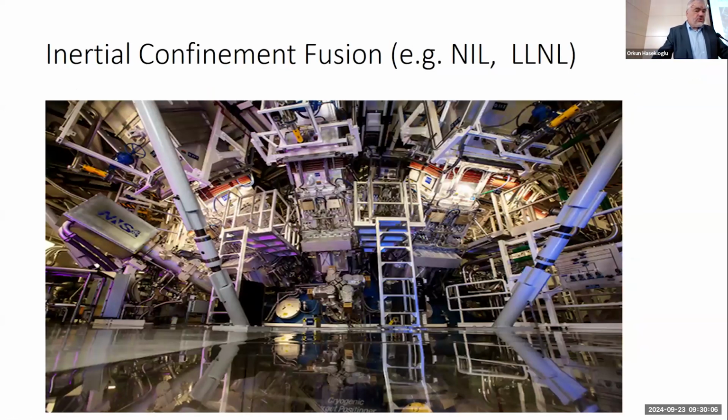The second approach is referred to as inertial confinement fusion. The most prominent example of this is the National Ignition Facility, located in the United States at the Lawrence Livermore National Lab.